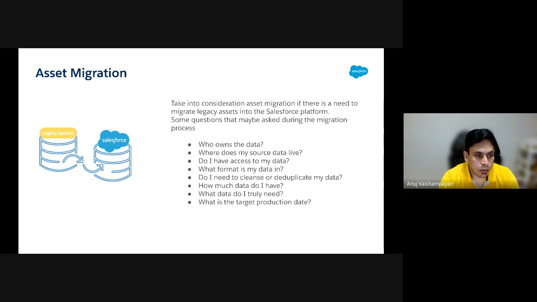So it is very important to consider how the products are defined in the legacy, how you can rationalize and optimize them, and how you map them into the Salesforce system.